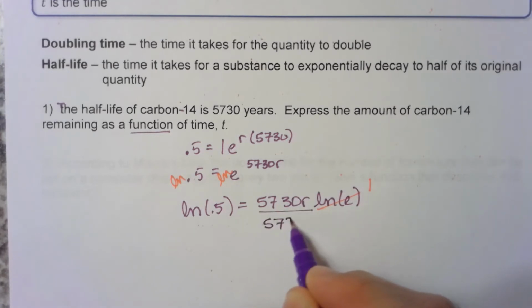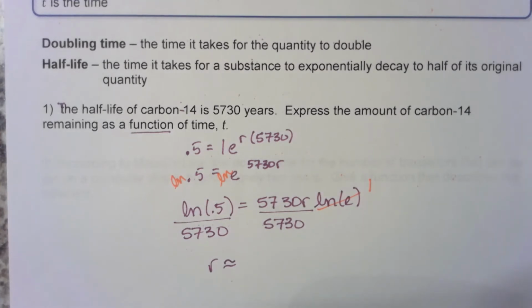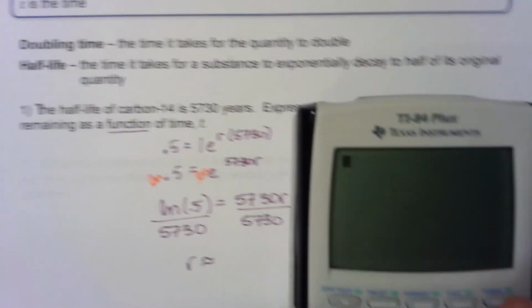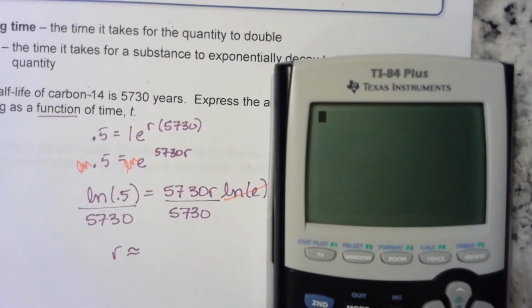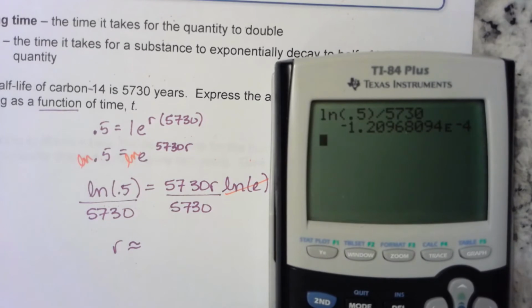Divide both sides by that number. So r will be something like, let's see what kind of number we get when we calculate this. We get this kind of ugly number, right?